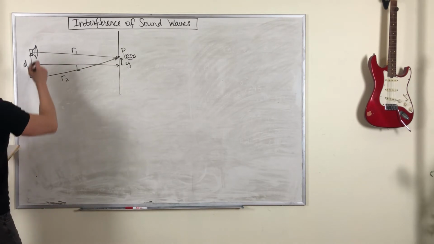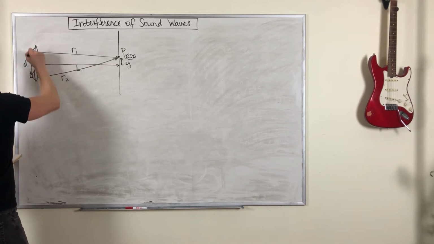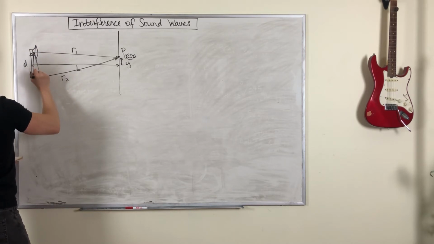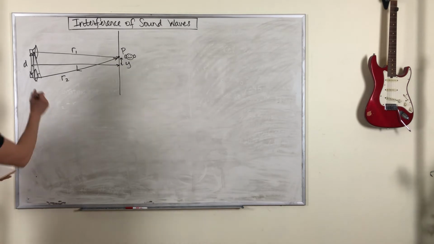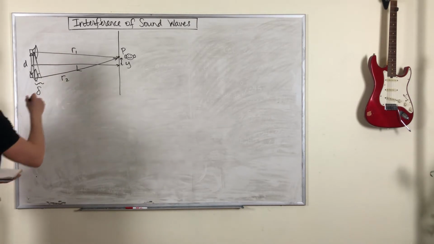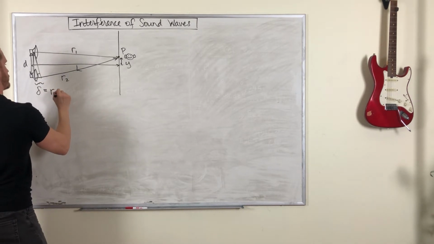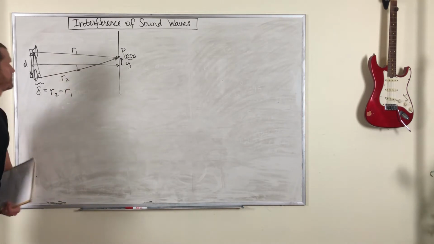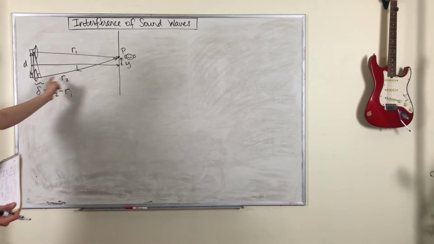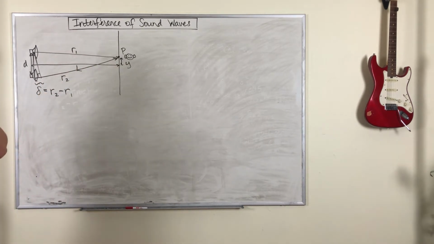And if you draw a right triangle here, this distance, we'll call it delta. That's a Greek letter delta. Is R2 minus R1. That's the difference in these two distances to the listener.